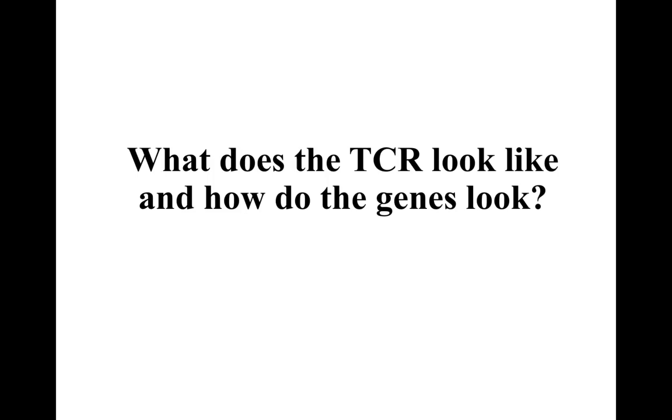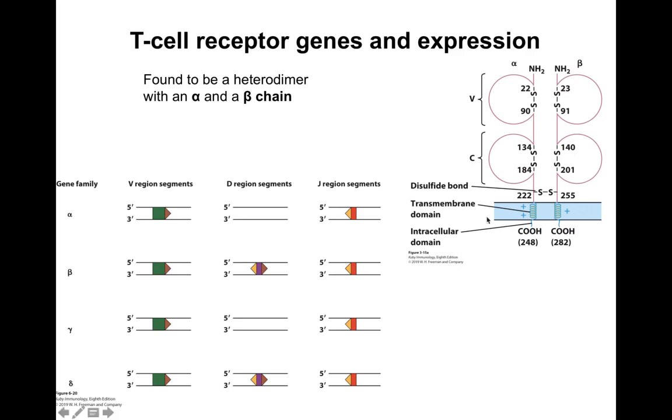What does the T cell receptor look like, and how do the genes look? So the T cell receptor looks like this. It's most often alpha and beta chains that make up the T cell receptor, and it does cross the membrane, but has a very short intracellular domain. There can also be gamma delta T cells, but the alpha and beta are more common.